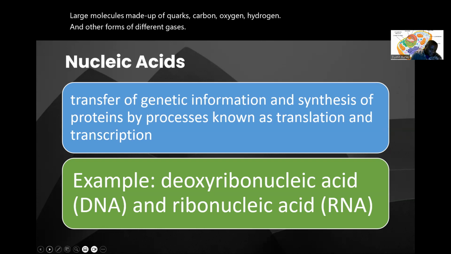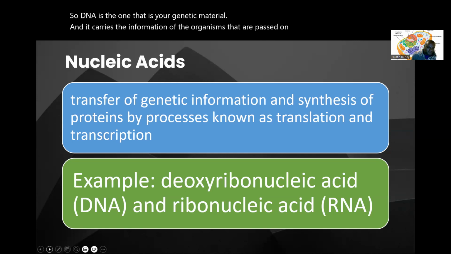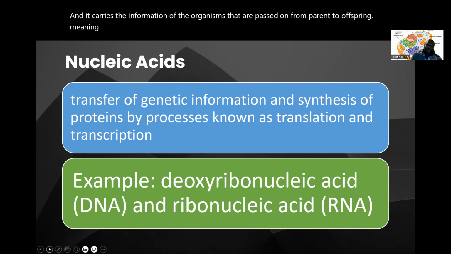So DNA is the one that is your genetic material, and it carries the information of the organism that is passed on from parent to offspring, meaning your DNA comes half from each parent.